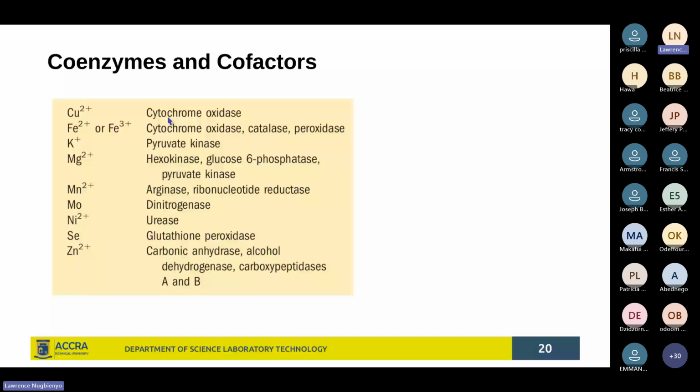Cytochromes can have different metals. So in this case, the metal that will be there is going to be copper. So when copper is there, then the enzyme is going to be active.